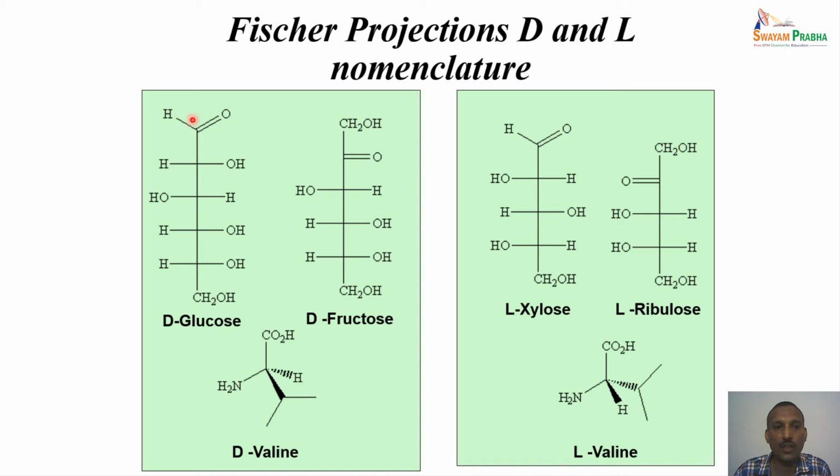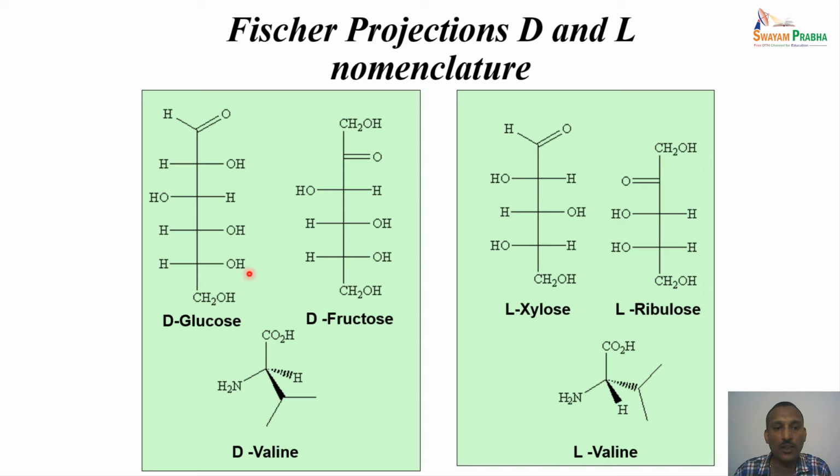So in this particular case, we have an aldehyde group kept at the top, and the CH2OH is at the bottom. And the carbon which is farthest from the top carbon, whether the hydroxyl is on the right hand side or the left hand side decides whether it is a D isomer or L isomer.